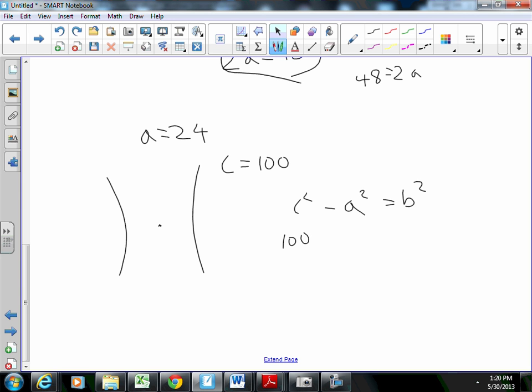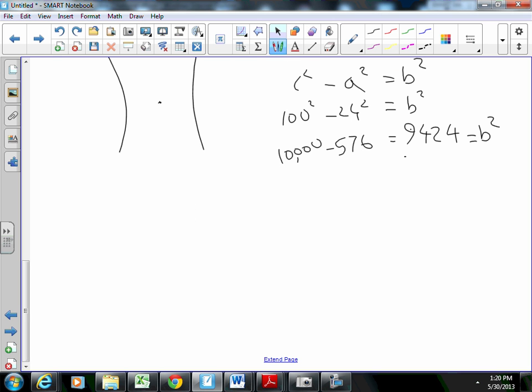So 100 squared minus 24 squared is going to give us B squared. If we add this up, 24 squared is 576, subtract that from 10,000, and we're going to get 9,424 equals B squared.